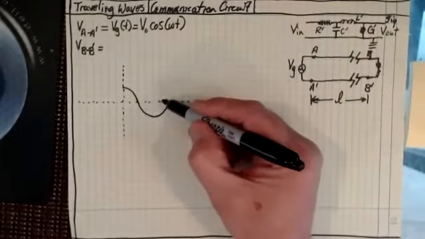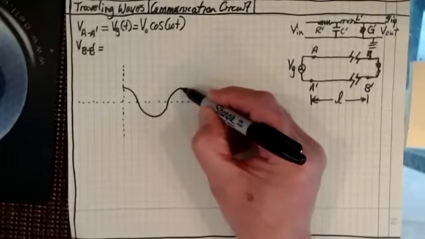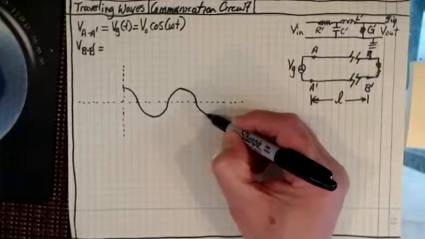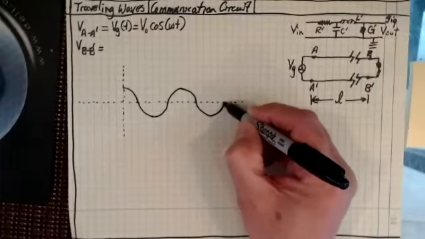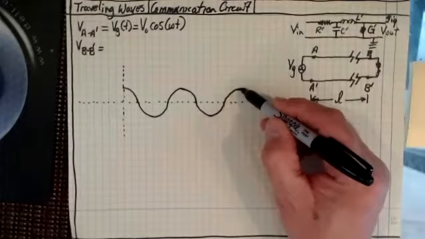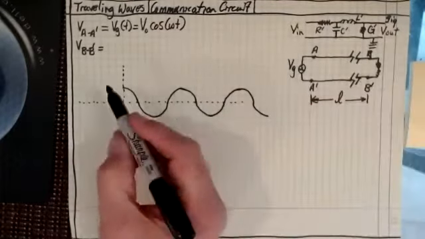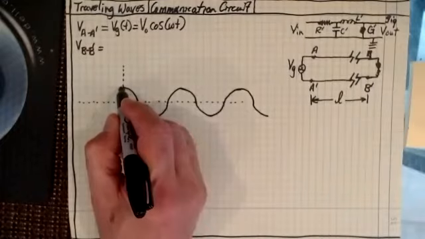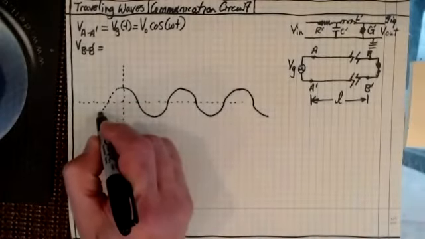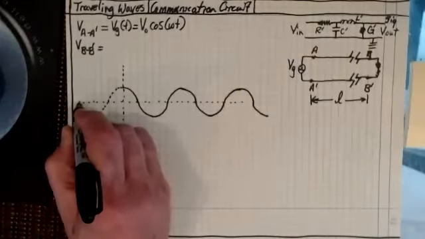Did I do that right? Yep. All right, does everybody see that waveform? Now what I'm going to do with that waveform is extend it back in the negative time direction too.